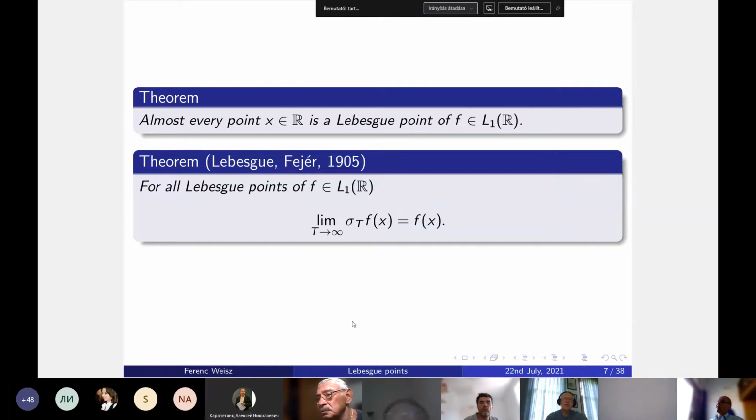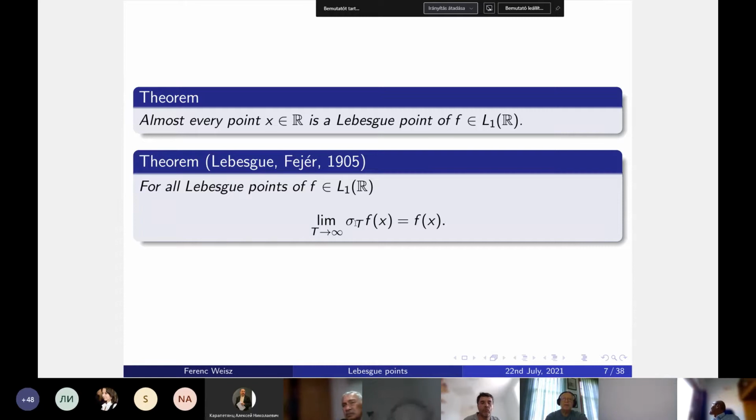In this talk, I will generalize this theorem for higher dimensional functions, for larger function spaces, not only for the Fejér means, but for general summability means, for the theta means.